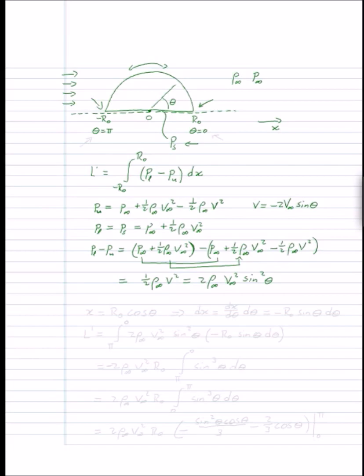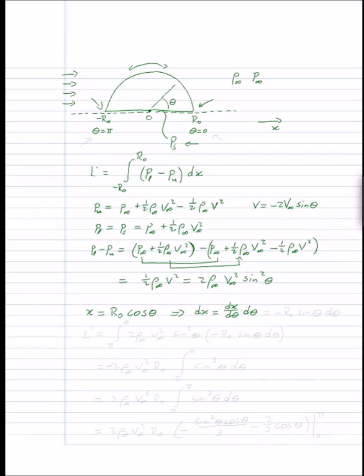Okay, so if we define it like that, then we know that x is going to be r0, which is the radius of that cylinder, times the cosine of theta. Right, from this it follows that dx can be defined. dx is going to be dx d theta, isn't it?